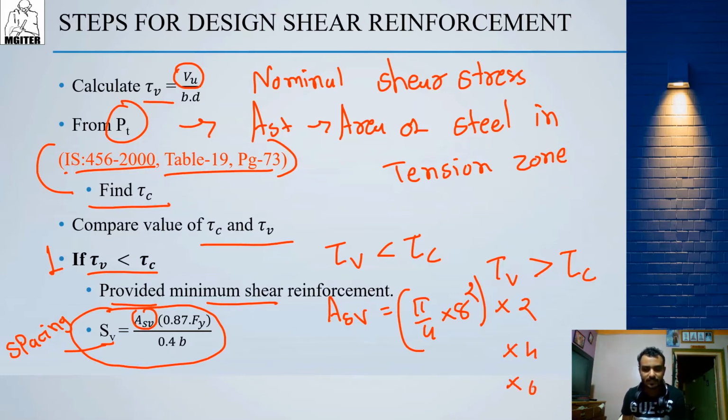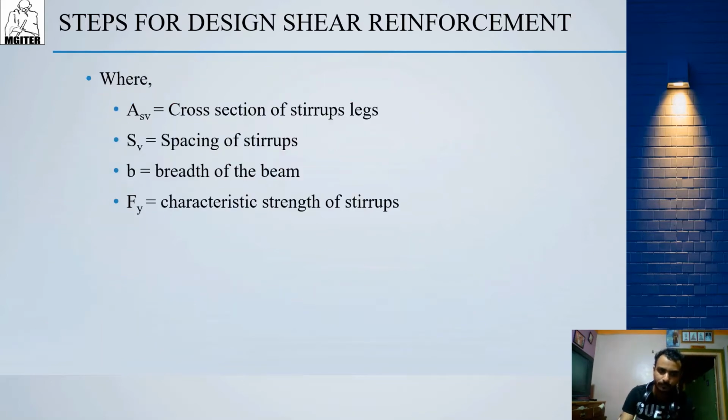If it's 6-leg stirrups, multiply by 6. Okay, 0.87 Fy is the steel grade which we use for the stirrups. Then after that 0.4 D. Okay, these are the equations for the minimum shear reinforcement.